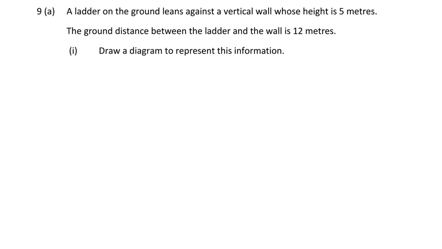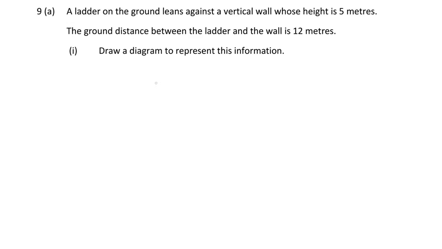Question number 9, part A. A ladder on the ground leans against a vertical wall whose height is 5 meters. The ground distance between the ladder and the wall is 12 meters. For Roman 1, draw a diagram to represent this information. For this one, we are going to sketch our diagram based on the given information.